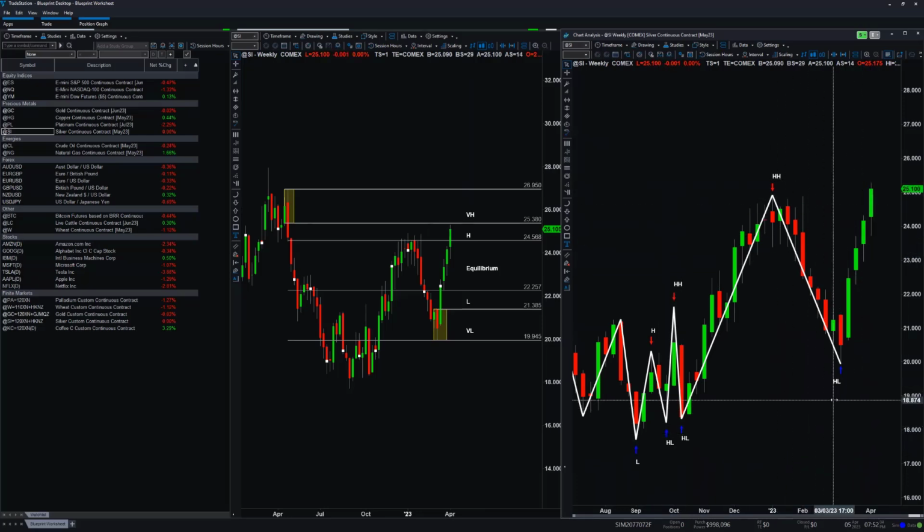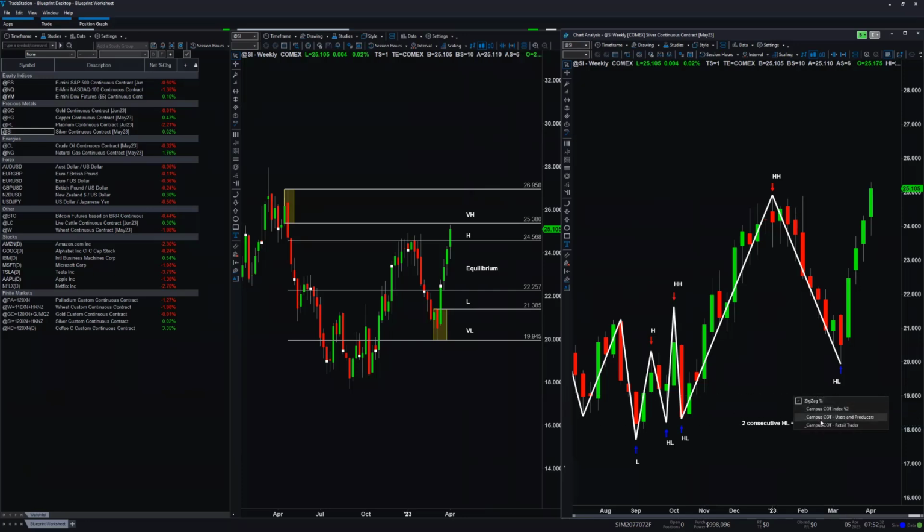We have 2 consecutive higher highs and 2 consecutive higher lows, which in this case is the definition of an uptrend. So generally, what I want to do is buy. Even though I'm in supply, I want to buy with the trend.